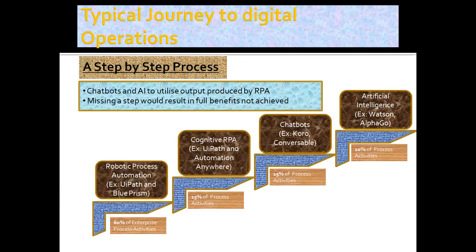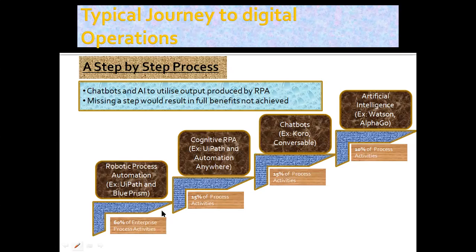After that RPA will start, and whatever inputs are required for RPA will be taken from the fine-tuned data, coming from big data or ETL tools or whatever it is. To make it completely digital, if you take 100% of the work in this journey, 60% of the enterprise process activities will be in RPA, and the remaining 40% will be in AI and machine learning related work.